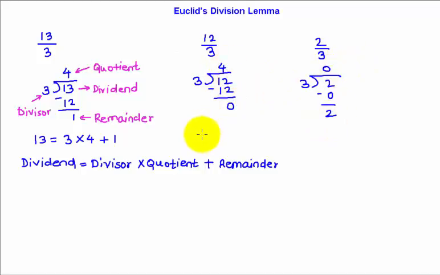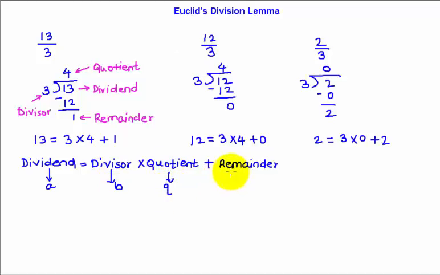Now for this case the value 12 is formed by multiplying the divisor, which is 3, into the quotient 4, plus adding the remainder, which is 0. And in the third case the dividend 2 is equal to the divisor 3 multiplied by the quotient 0, plus the remainder 2 is added. Now let's call the dividend A, the divisor B, Q for quotient, and R for remainder.